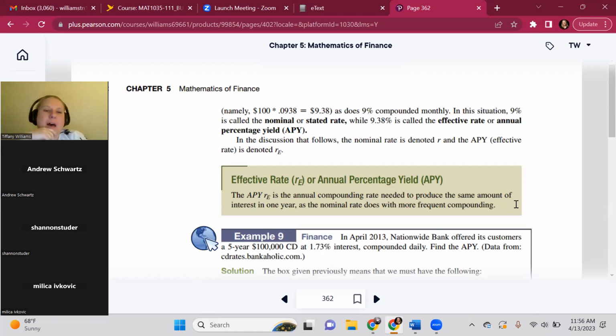If we were going to buy a car, what do you think they're going to tell us, the APR or the APY? APR is the stated rate, APY is the actual interest rate that you'll be paying based upon your compounding period. So which one do you think that they would tell us?